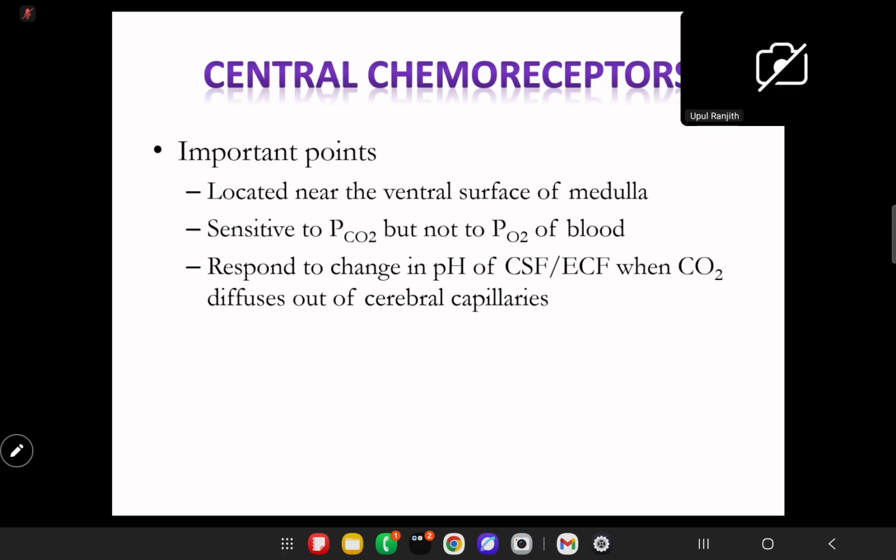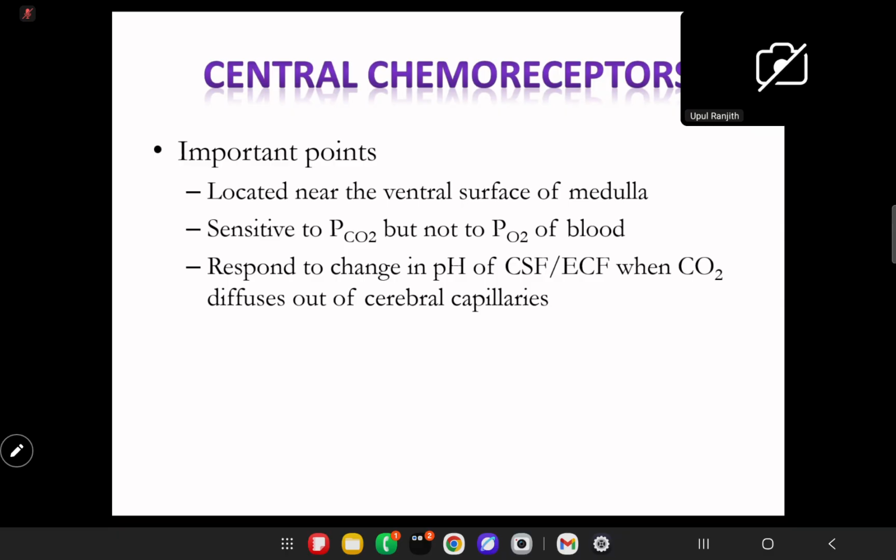They are sensitive to PCO2, but not to PO2 of the blood. They respond to change in pH of the cerebrospinal fluid, the extracellular fluid, which is the same.